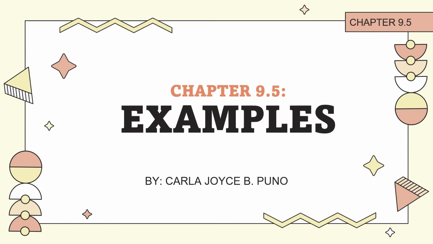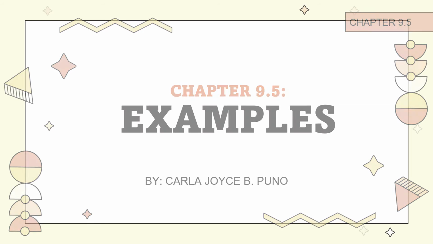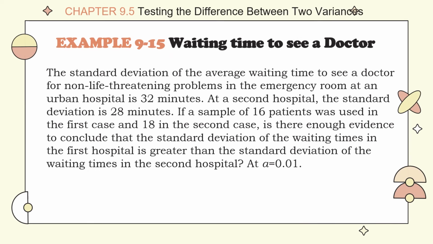Example problem for chapter 9.5. Example 9-15, waiting time to see a doctor. The standard deviation of the average waiting time to see a doctor for non-life-threatening problems in the emergency room at an urban hospital is 32 minutes.